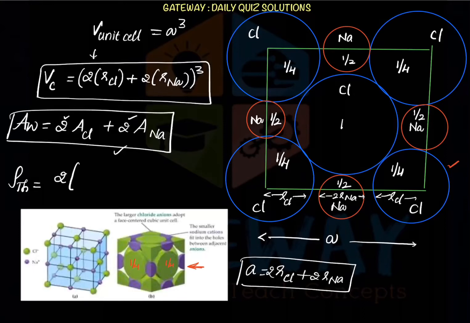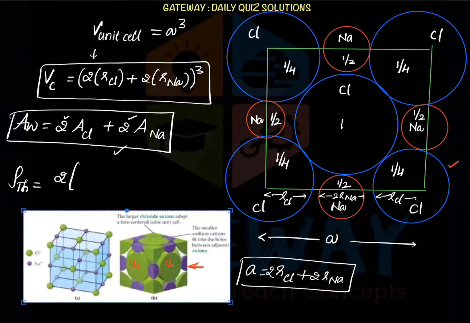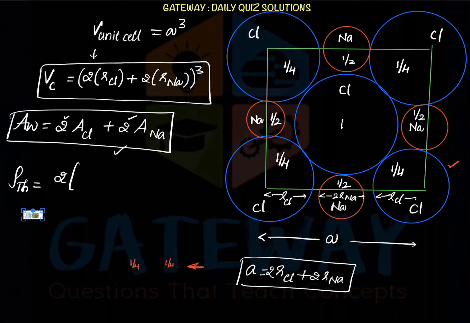In that manner, we'll have a set of 4 chlorine atoms and 4 sodium atoms. This is only one side we are observing in the diagram.